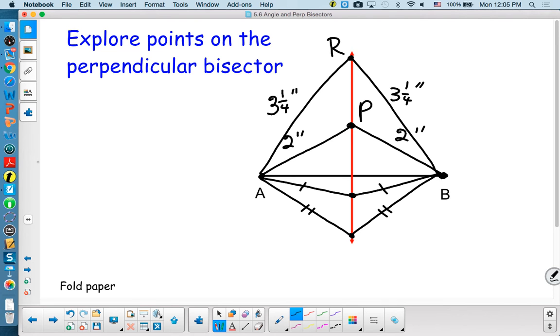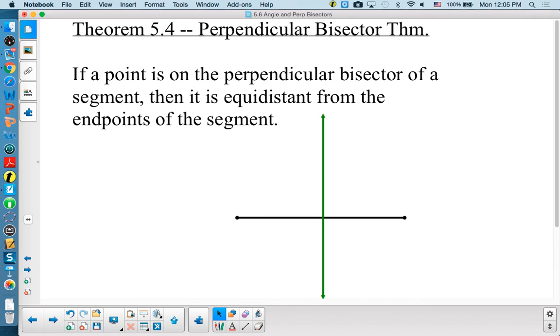So in terms of that vocabulary, we would say, for instance, point P was equidistant from A and B, or point R is equidistant from A and B. Of course, this point M is going to be equidistant because wasn't M the midpoint if we made a perpendicular bisector?